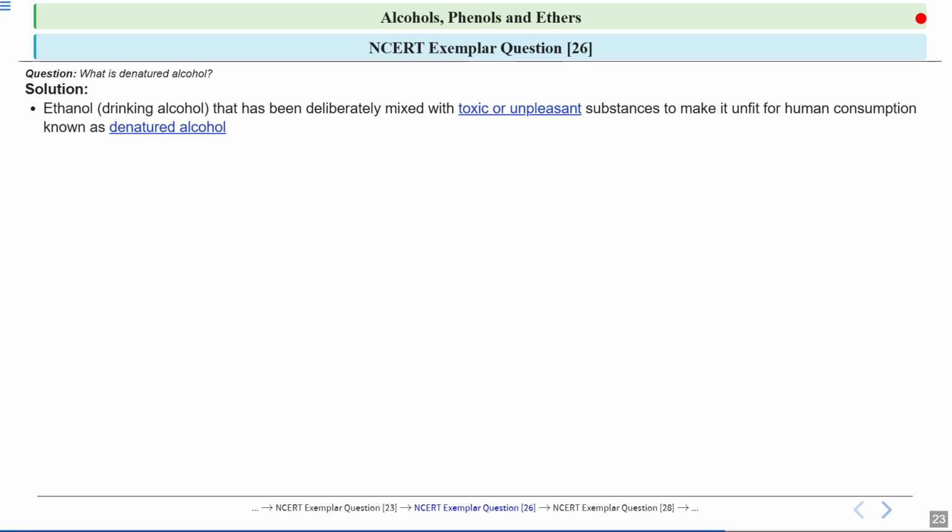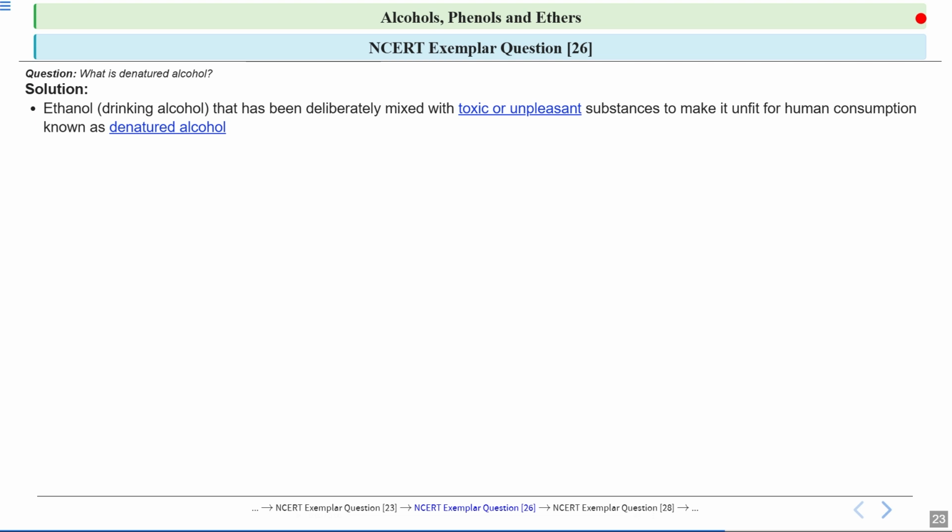Ethanol that has been deliberately mixed with toxic or unpleasant substances to make it unfit for human consumption is known as denatured alcohol. So basically, denatured alcohol is essentially ethanol mixed with toxic or unpleasant substances.